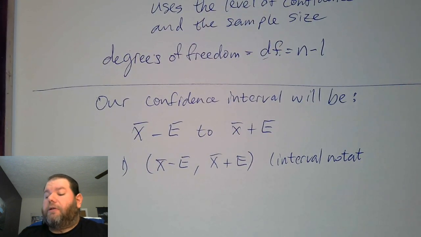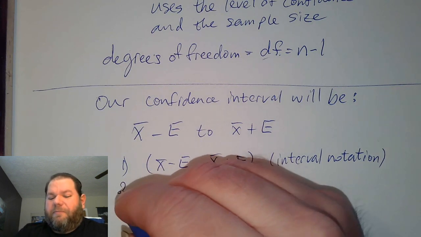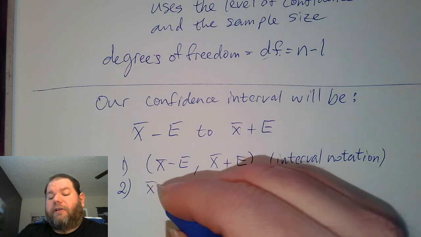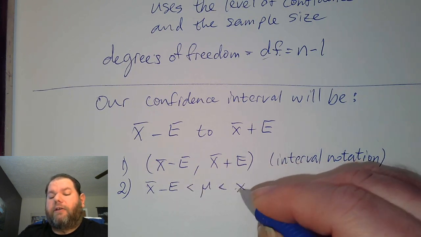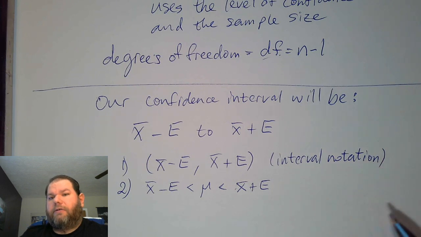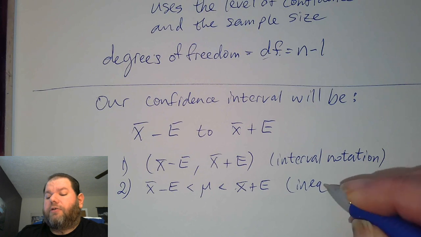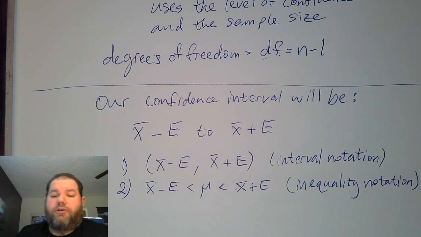Or we could say x bar minus e is less than mu is less than x bar plus e. And that's with inequality notation. So either of those is acceptable. I put the interval notation on the formula sheet, but we could do it either way.